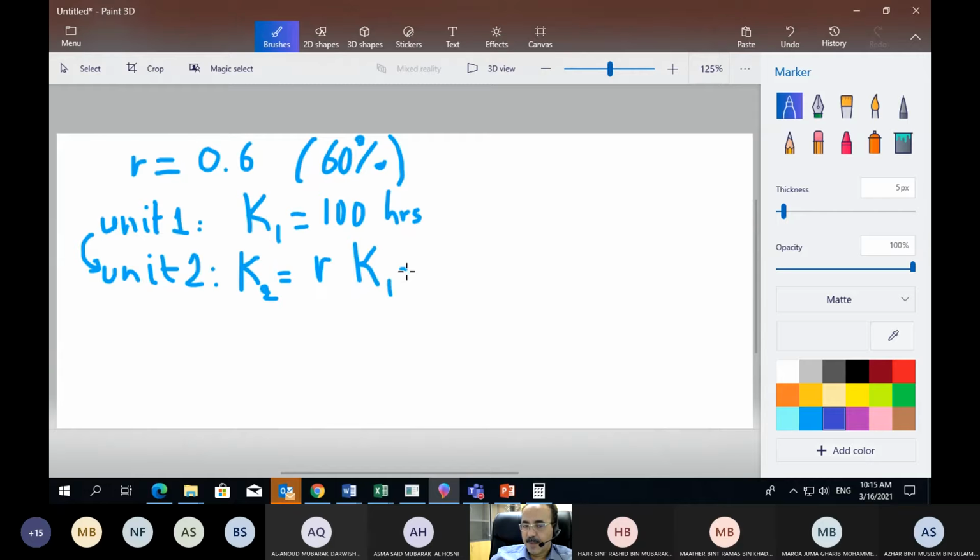This is what the learning rate means. Every time we double the cumulative production, the time it takes becomes that fixed proportion of the time it took in the previous level of production. So in this case, it will be 0.6 times 100, which is 60 hours.